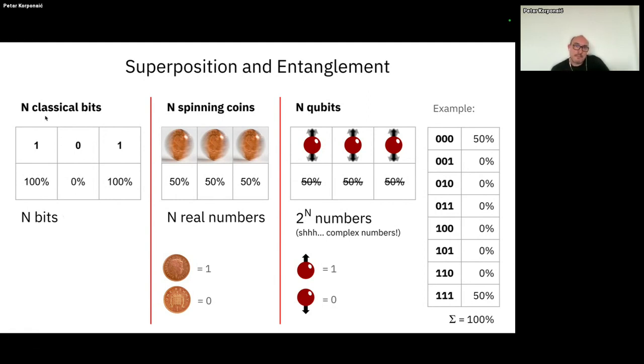Here we have 3 classical bits. This is one register of bits, 101 at this moment, a register of classical bits. And a bit can be in 2 states, of course, 0 and 1.